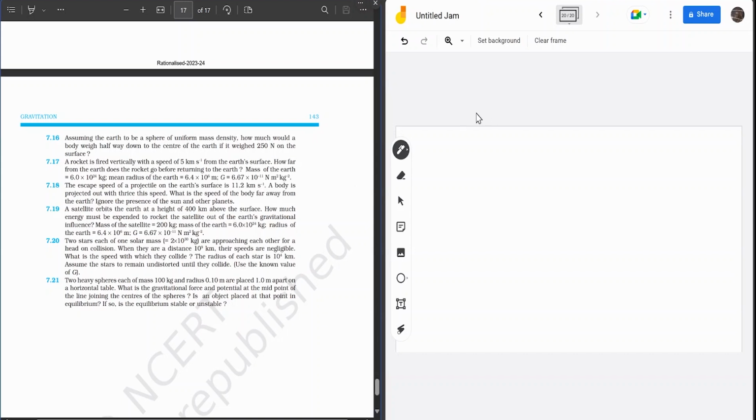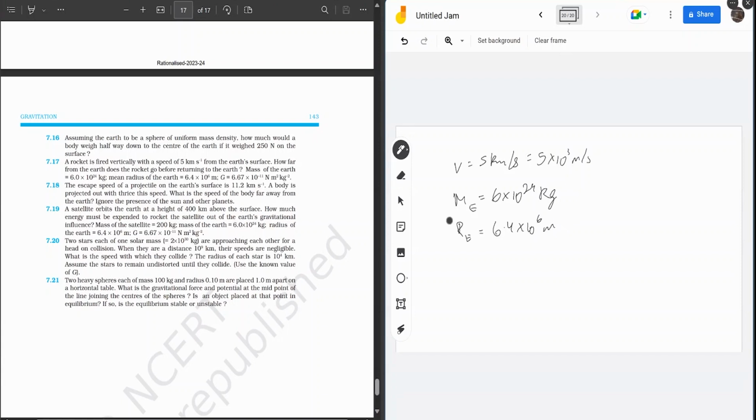So the velocity of the missile is v equal to 5 kilometers per second, which is 5 into 10 to the power of 3 meters per second. Mass of Earth is 6 into 10 to the power of 24 kilograms, and radius of Earth is 6.4 into 10 to the power of 6 meters.